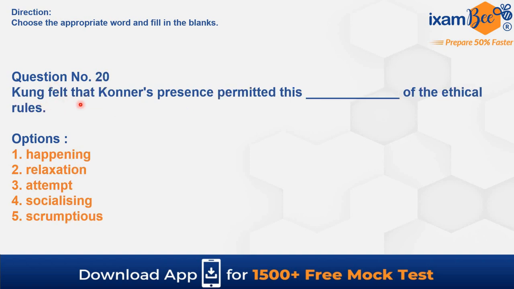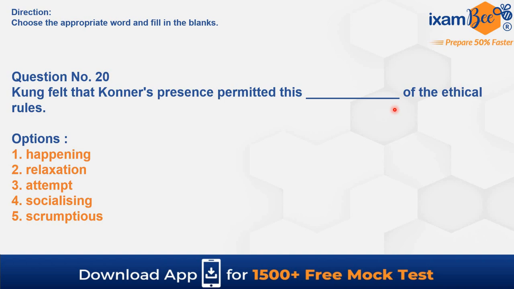20. Monk felt the coroner's presence permitted this what of the ethical rules. So what do you mean by this happening of the ethical rules? Attempt, socializing, scrumptious means something that is tasty, something that is palatable, something that is good in taste, right? For example, food can be scrumptious, a dish can be scrumptious, but we need a noun here, that's relaxation.